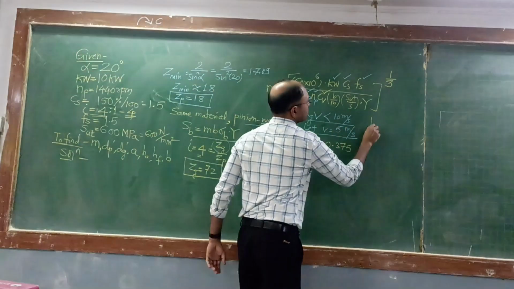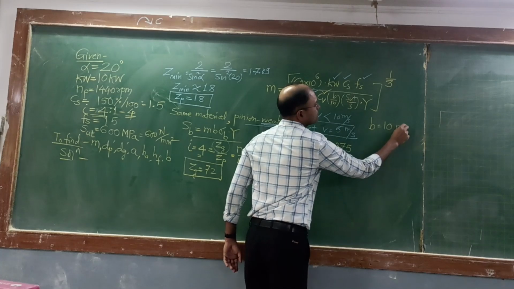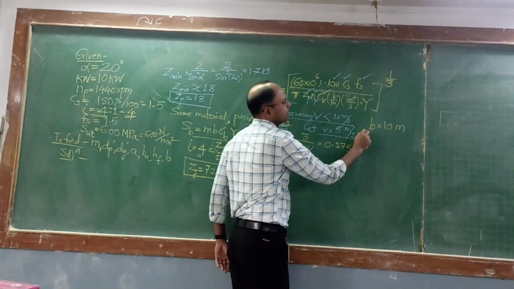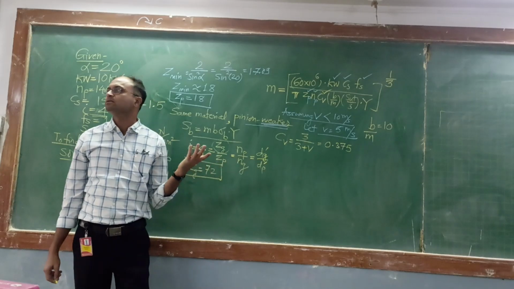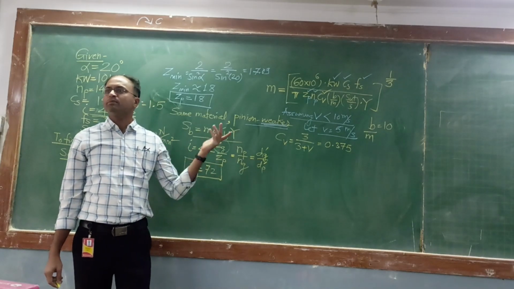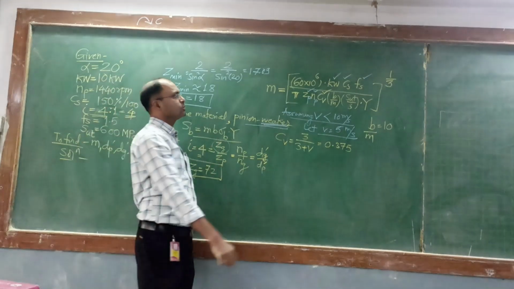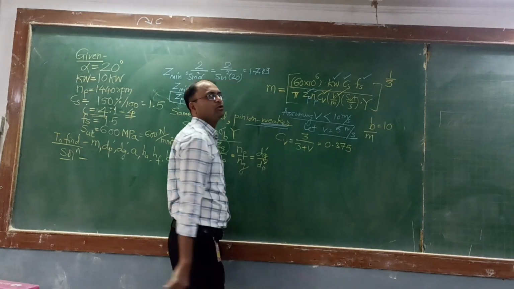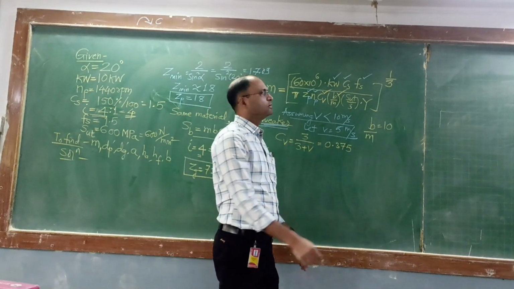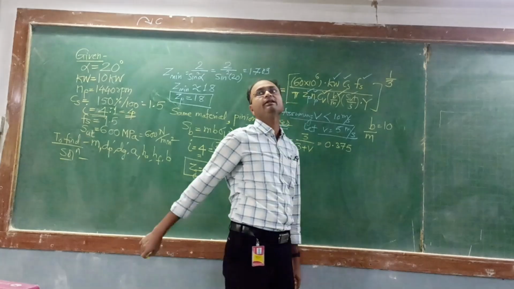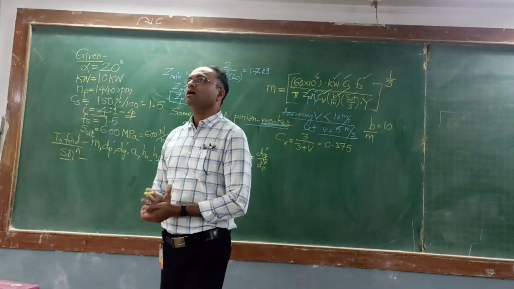Face width is taken as 10 times module. So what is b by m? Therefore, b by m is equal to 10. Right? We can assume b by m is equal to 10. So this is also done. Sut given. Yes. So we can put this value. Now remaining is Y. How to get Y?